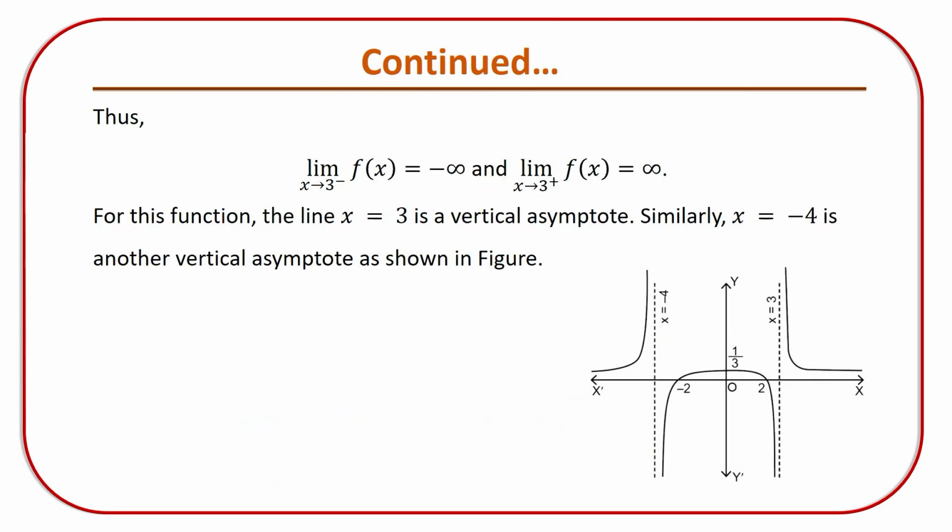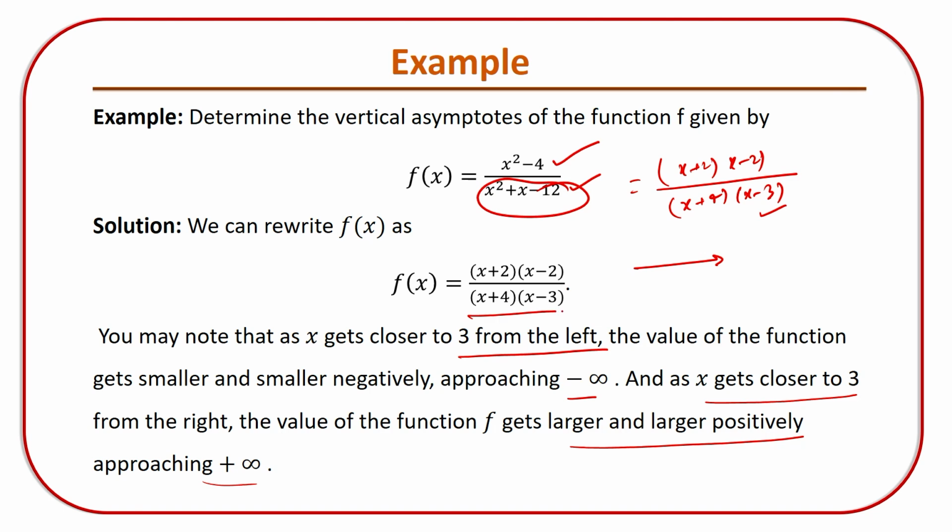So here is the graph of the curve, and as you can see here, the line x equal to 3 and x equal to minus 4. Look at the structure here. I want to make this denominator 0. How can I make this one? It is only possible if x tends to 3 or x tends to minus 4, right?